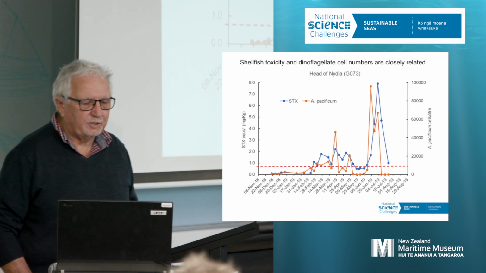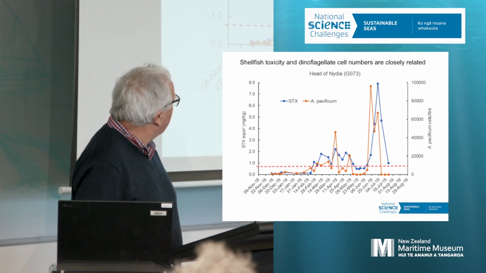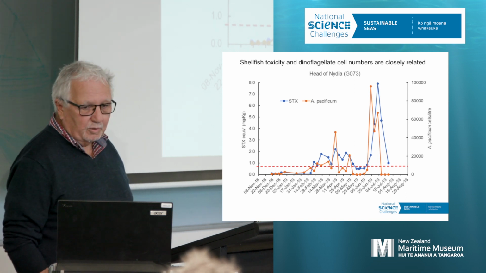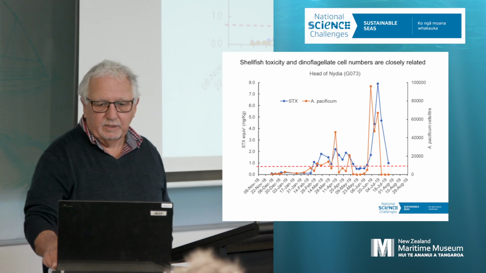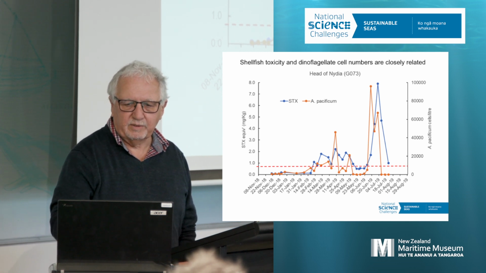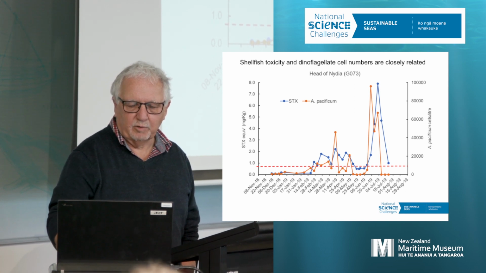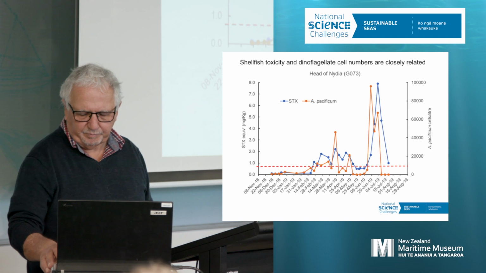There's quite a good relationship between the numbers of cells represented by the orange line there and the actual toxicity in the shellfish. The red line there on the bottom is the regulatory level of 0.8 milligrams per kilogram, and harvesting shellfish over that limit is not permitted.